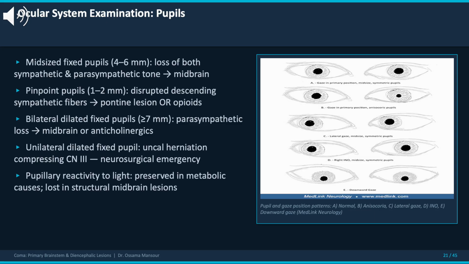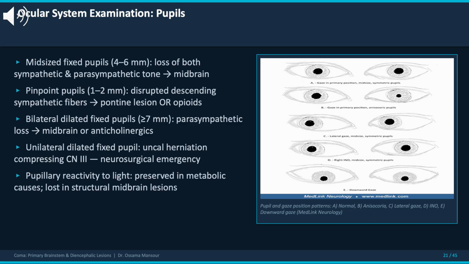Pinpoint pupils, typically 1 to 2 millimeters in diameter, may suggest either disruption of the sympathetic descending tracts, which would localize the lesion to the pontine region where these fibers descend, or they may indicate opioid intoxication, a critical distinction that can be life-saving. Dilated pupils, typically 7 millimeters or larger, suggest parasympathetic tone loss.